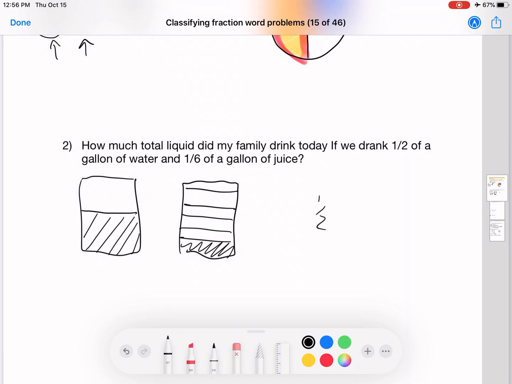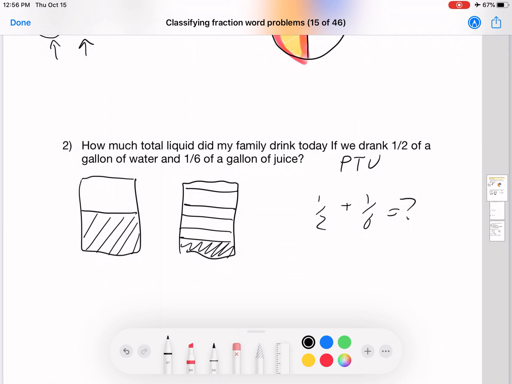This is 1/2 plus 1/6 equals what? Now this is a put together total unknown, right? The number of water is not changing. The amount of juice is not changing. It's simply we have so much water, so much juice. What do we get when we put the two things together?